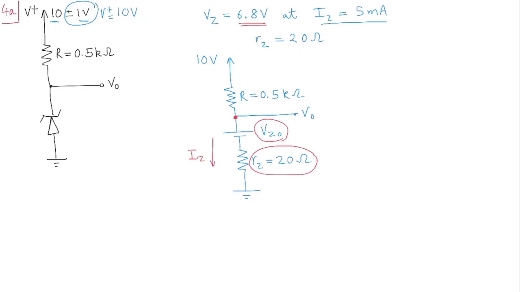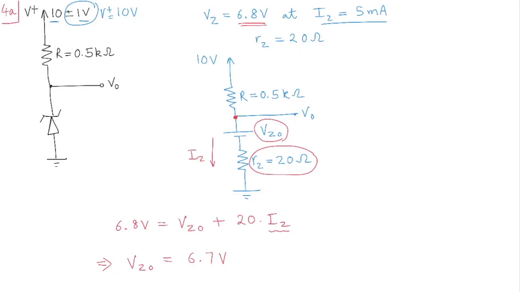Okay, so let's do that. So what we are saying is 6.8 volts equal to Vz0 plus 20 times Iz. And from here you can calculate the value of Vz0. We know what Iz is. Iz is 5 milliamperes. So if you calculate the value, you will get something like 6.7 volts.